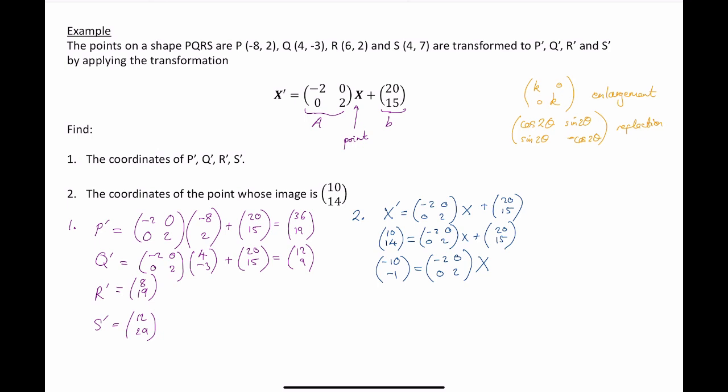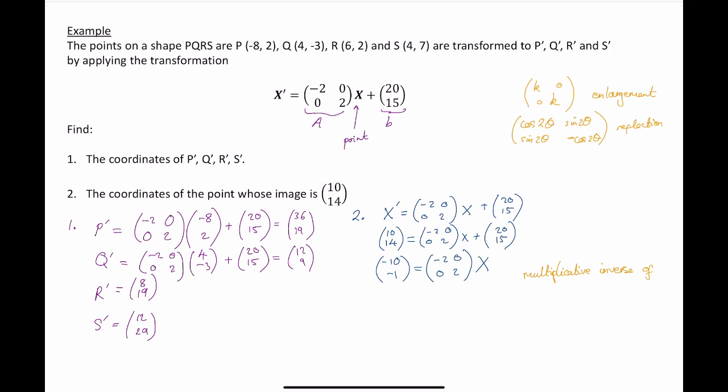Okay, but now I have the problem. I want to get x on its own, and it's multiplied by this matrix. Now, remember, when I'm trying to undo multiplication, in normal algebra with just numbers, I would divide, but I can't divide by this matrix. I need to use what we've already seen, which is the multiplicative inverse.